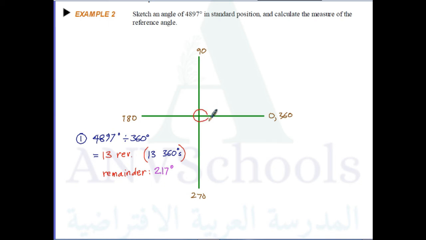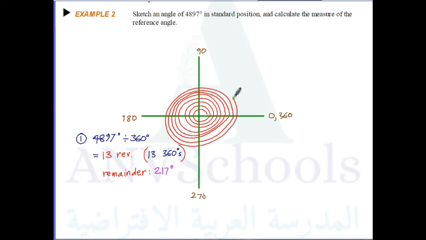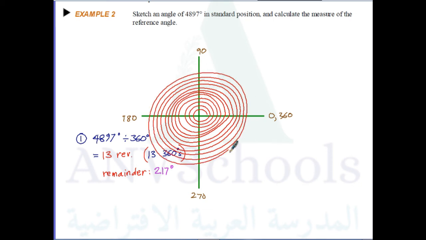Let us count. This is 1, 2, 3, 4, 5. As long as I reach here, I stop. 6, 7, 8, 9, 10, 11, 12, 13.